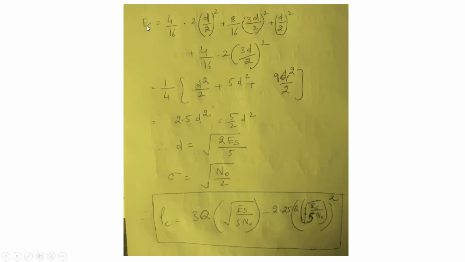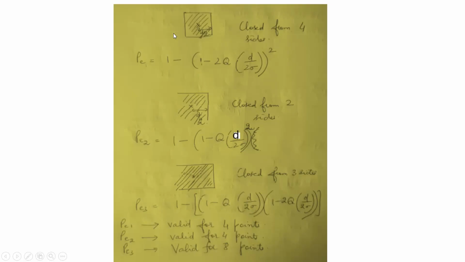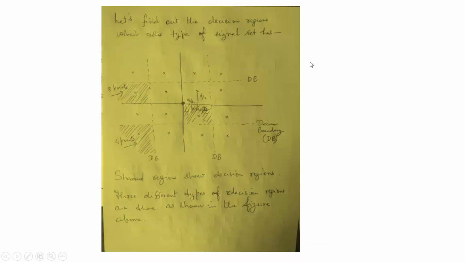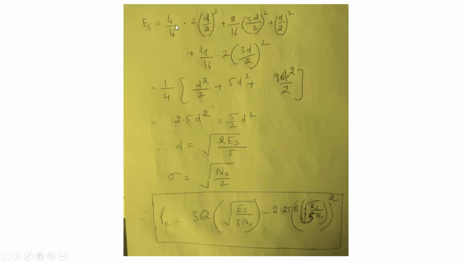Now let us see that. The overall average energy associated with the signal set is given by 4 by 16 for the first type of signal point. This one, this one, this one, and this one, there are 4 points. The distance of each point is d by 2 whole square plus d by 2 whole square. So it is 4 by 16 into twice of d by 2 whole square.